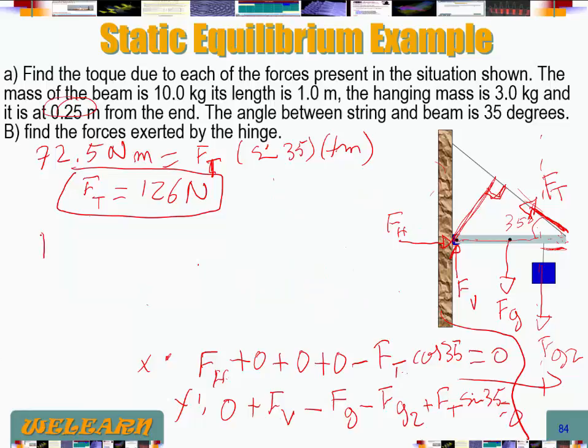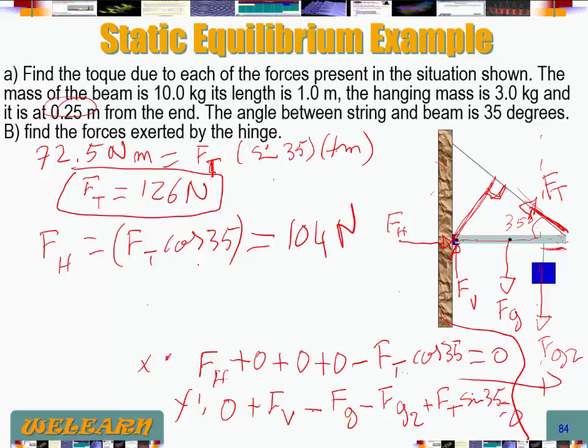So Fh is going to be Ft cosine of 35, which is 126 times cosine of 35, which is equal to 104 newtons.